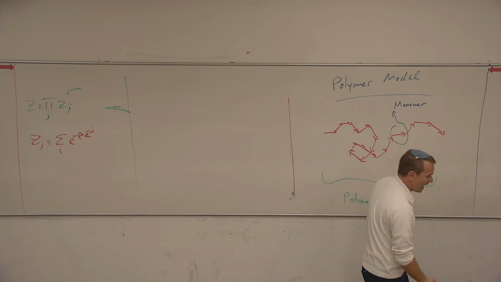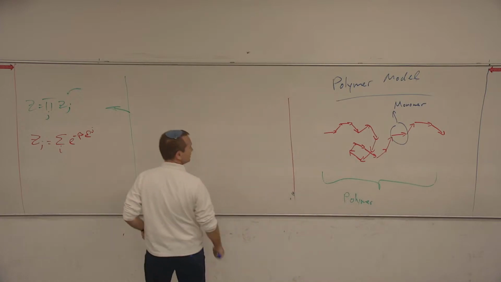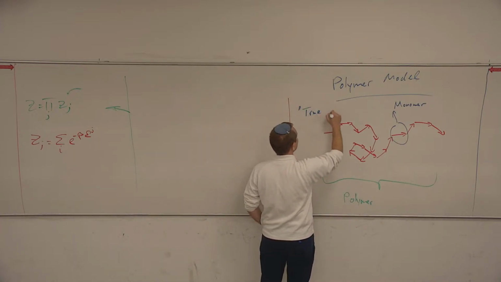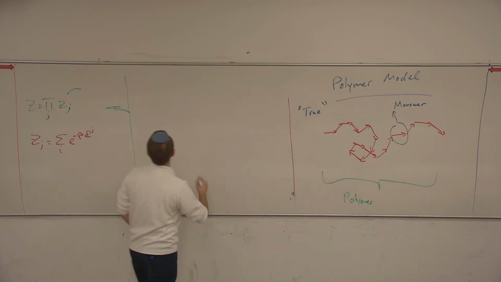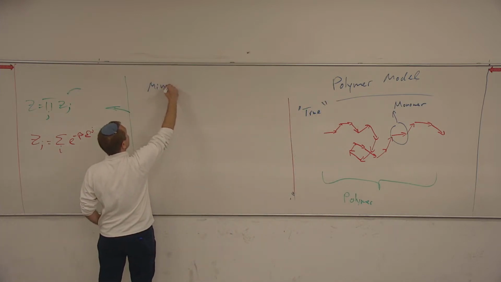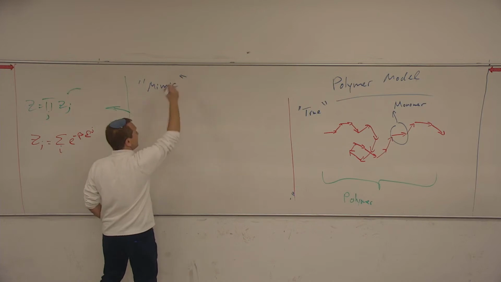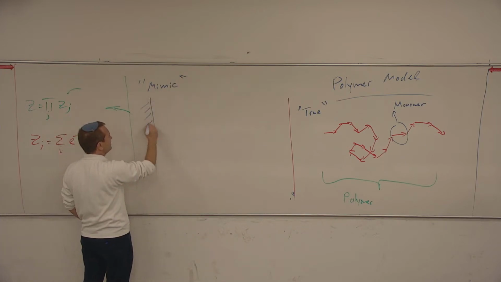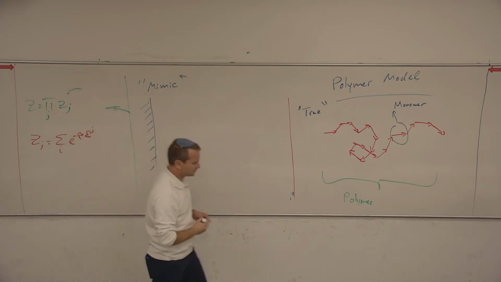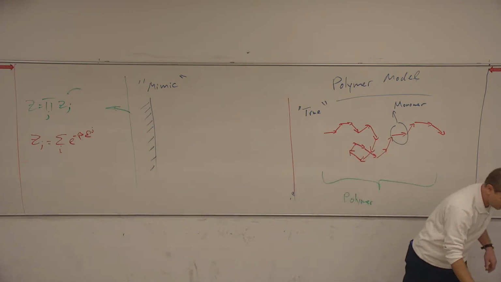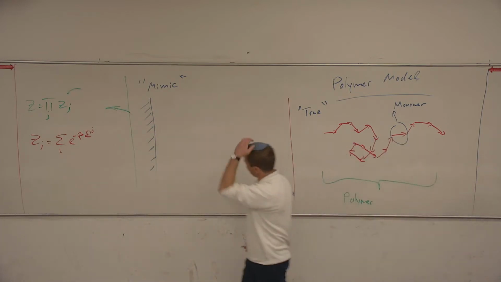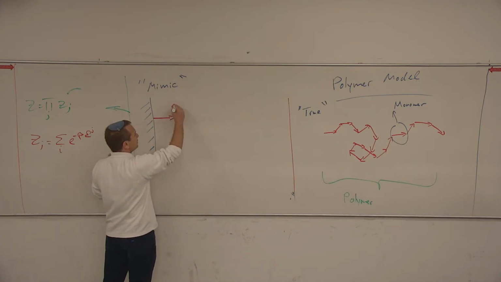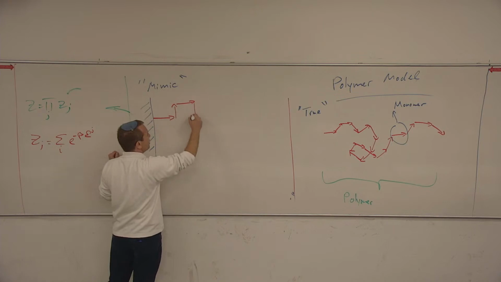All right, so how do we simplify this? So this is the true system, and this is a mimic. How do we mimic a system? Let's consider that we have a wall, and I say the following thing. I have a set of monomers that are connected somehow to each other.